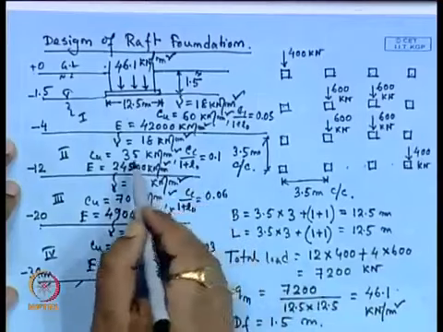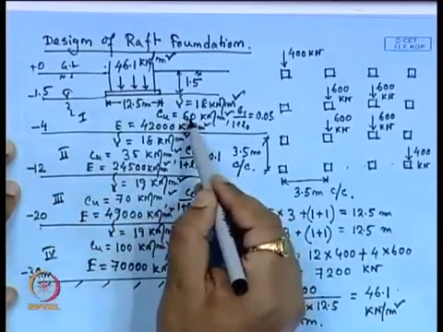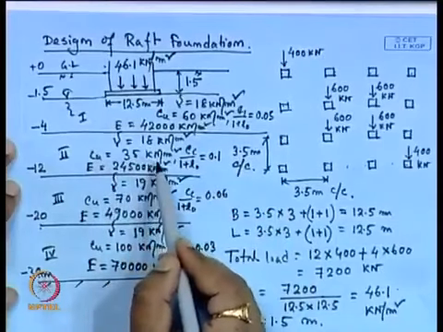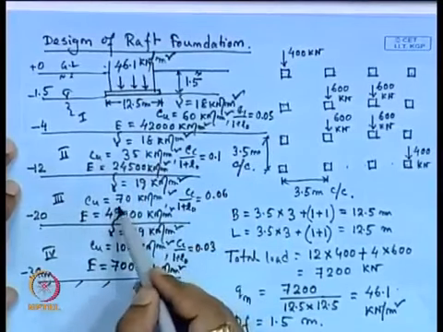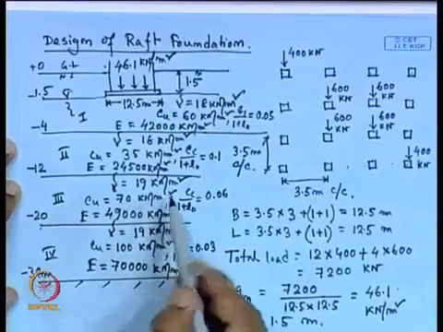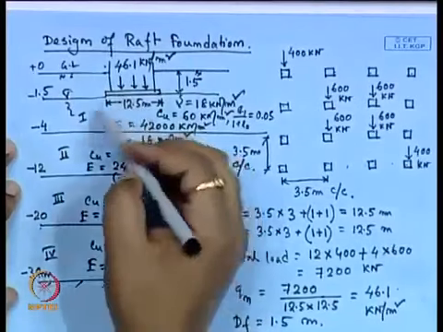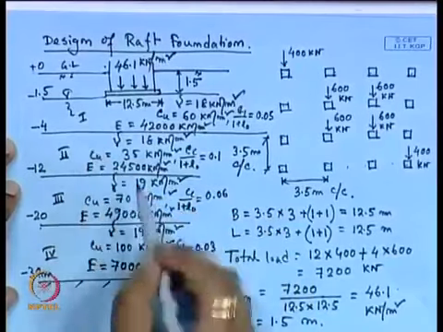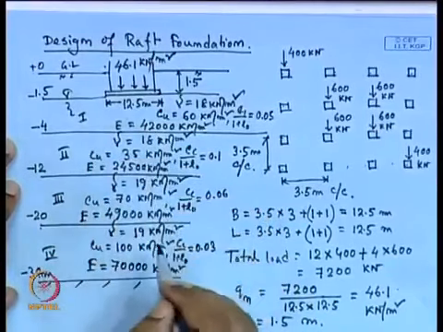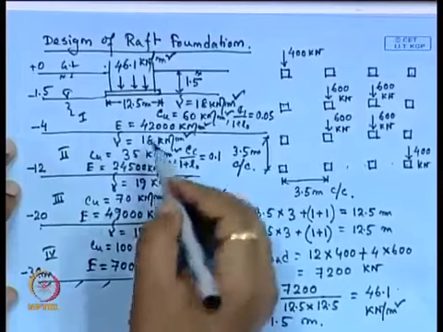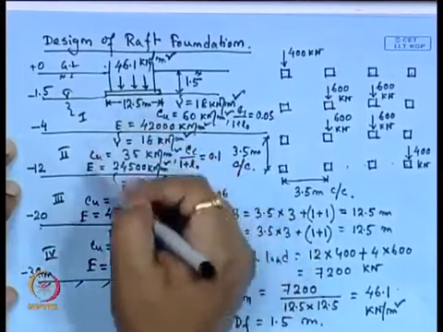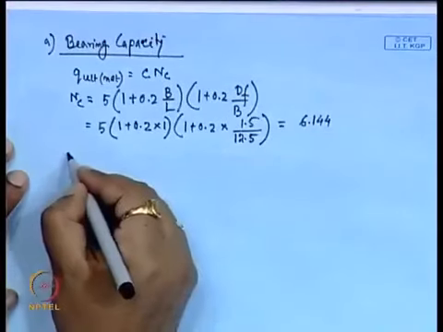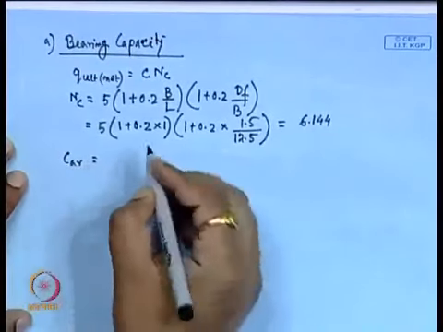Here the first layer is 60 kilonewton per meter square CU, second layer is 35 kilonewton per meter square, third layer is 70 kilonewton per meter square, and fourth layer is 100, and this influence zone is definitely up to the third layer. So, from these three layers the minimum is 35 kilonewton per meter square, or we can take the weighted average.